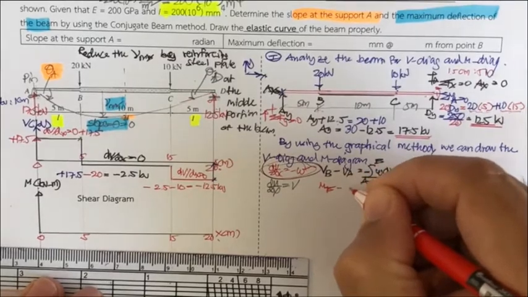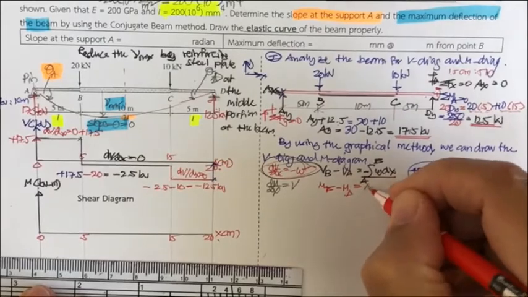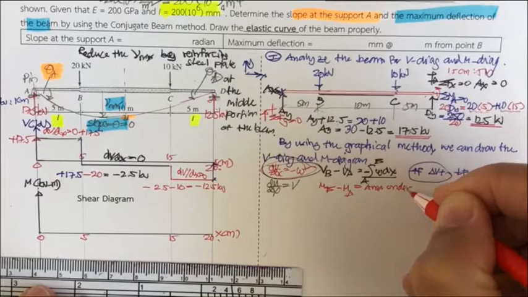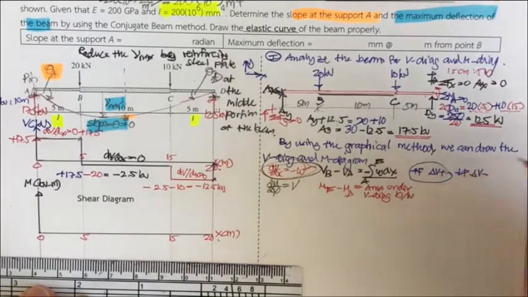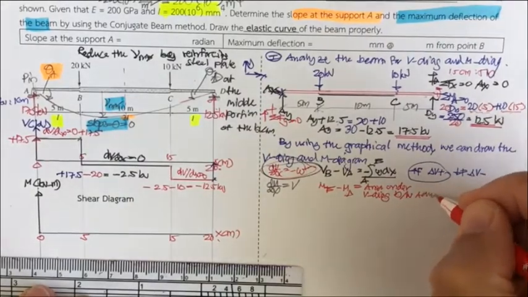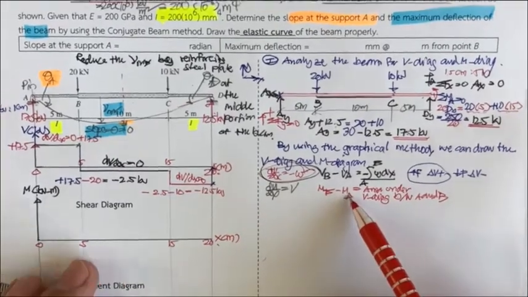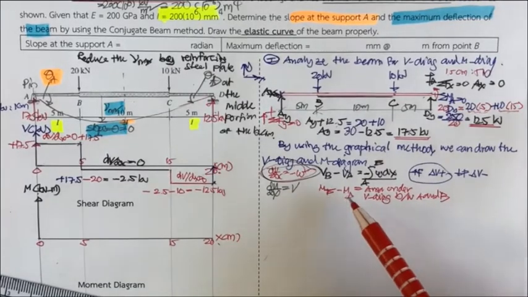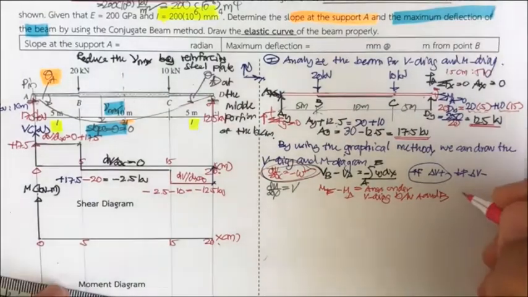Next, M sub B minus M sub A. That is going to be the area under the V diagram between A and B. So the difference in the moment is going to be the area under the shear diagram between A and B. Okay, and then the last one, you may have your external moment.